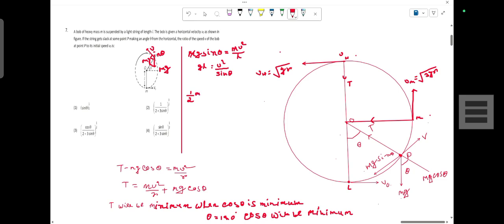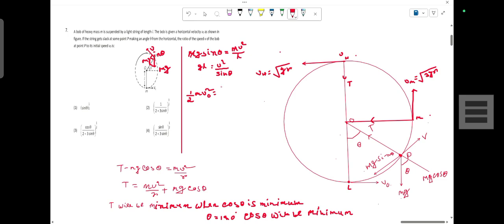The energy is only kinetic, half m v naught square, which is given here, and this is equal to the energy here. What will be the energy here?